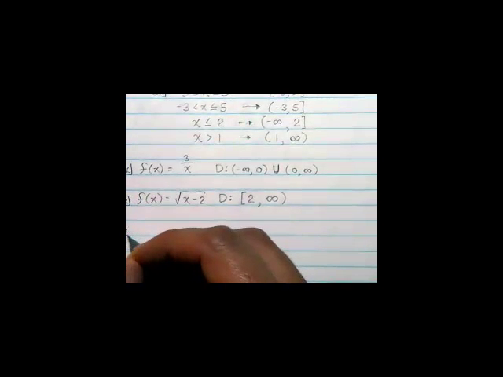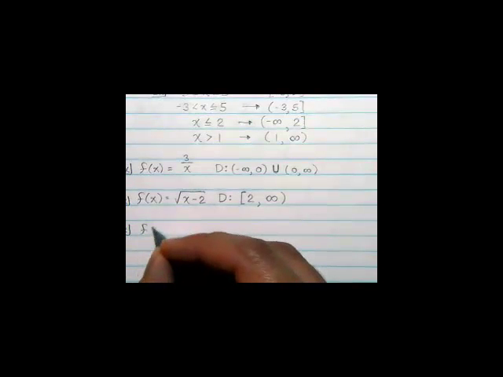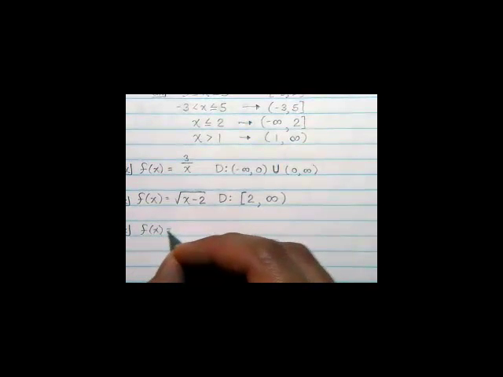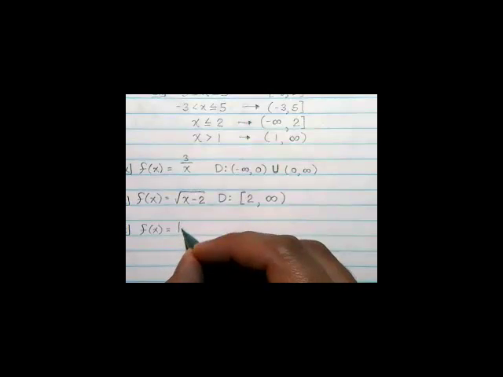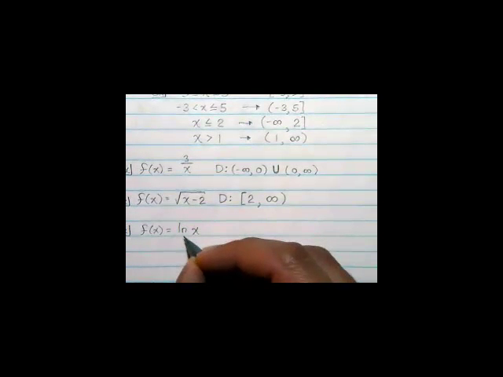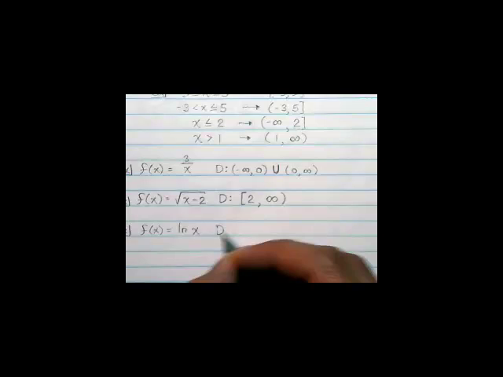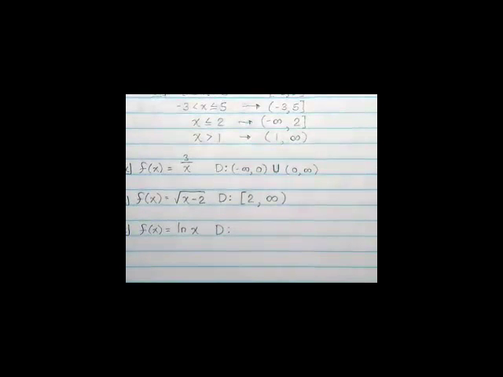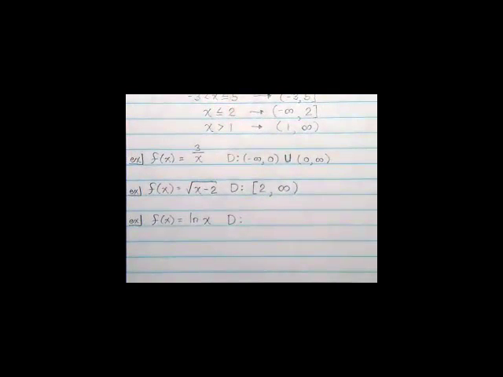Okay. This one will be a little challenge to see what you remember from Algebra 2. The natural log of x. Anybody remember what numbers you can put into a log and what numbers you can't? Nope, you can put in a 1.